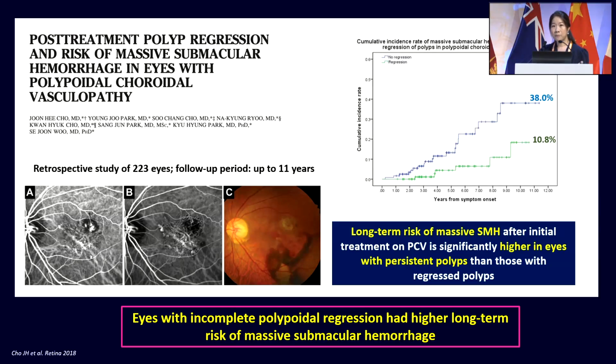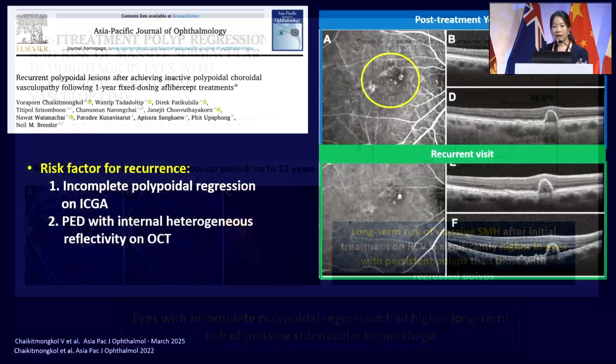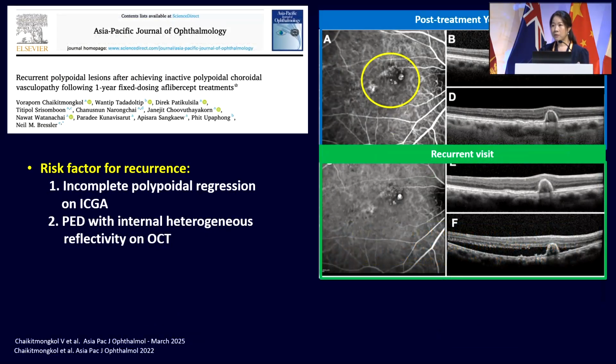of massive subretinal hemorrhage. And also in our study from Thailand, we found risk factors for recurrences in PCV eyes receiving aflibercept, including the finding on post-treatment ICGA of incomplete polypoidal regression, and also the finding on post-treatment OCT of persistent PED with internal heterogeneous reflectivity.